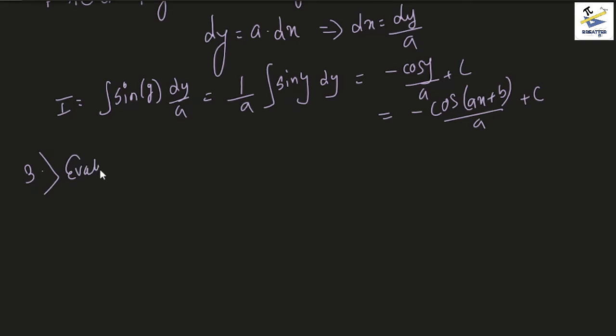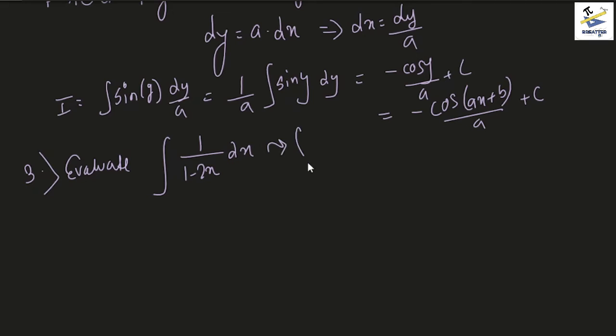Evaluate the integral of 1 by 1 minus 2x dx. Now what does this resemble? The simplest way to evaluate an integral, or to find out what to substitute, is to find the closest integral which it resembles.